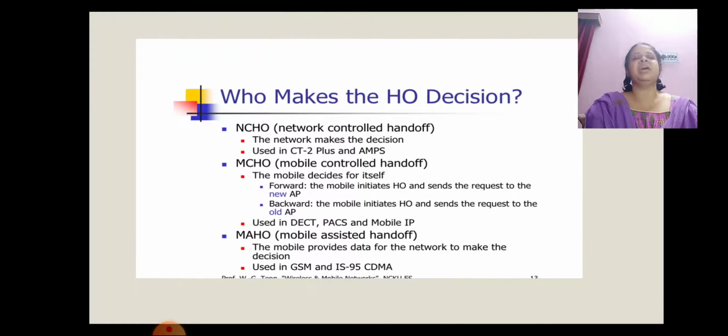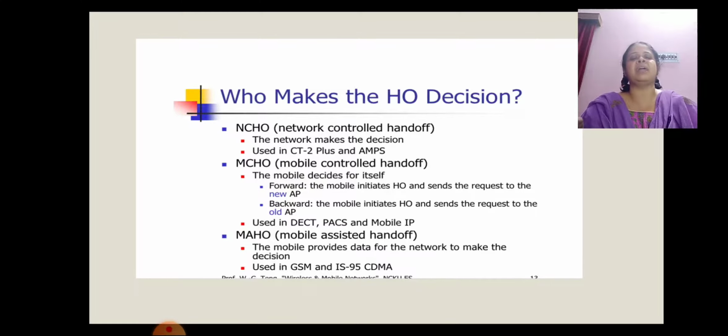What makes the handoff decision? NCHO, network controlled handoff: the network makes the decision. Used in CT2 plus and AMPS. Next is MCHO, mobile controlled handoff: the mobile decides for itself.